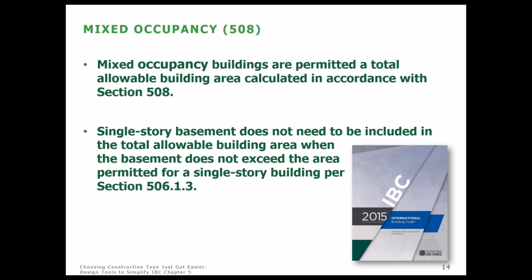And then there's also an additional calculation needed for multi-story buildings. Please note, as we're talking about building size, the basement of a building does not need to be considered to contribute to the allowable area of the building, as long as it doesn't exceed the area permitted for a single story building of that occupancy and construction type.